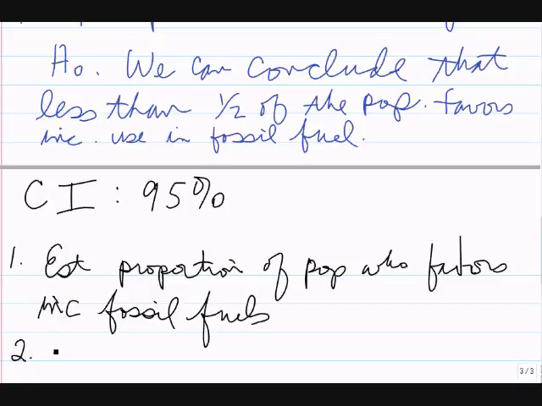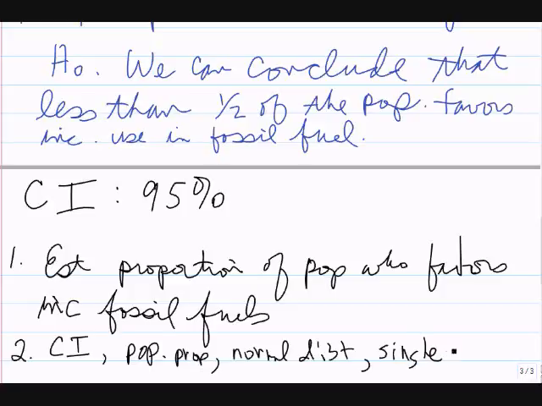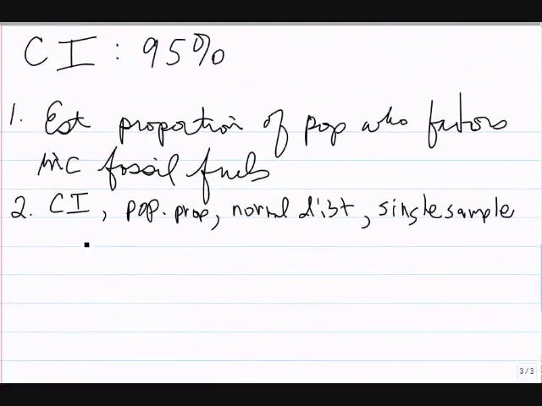Step 2, we're doing a confidence interval for a population proportion with a normal distribution, single sample. Our conditions are not quite the same. SRS, yeah, we had that.